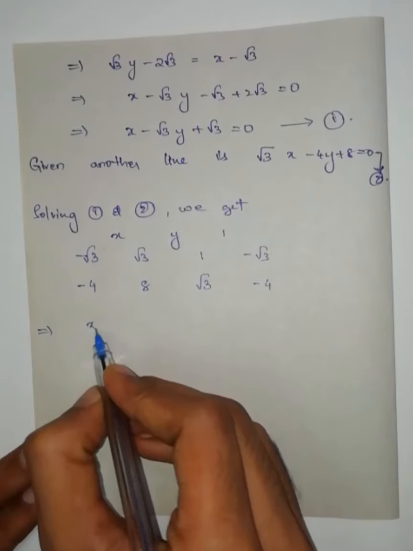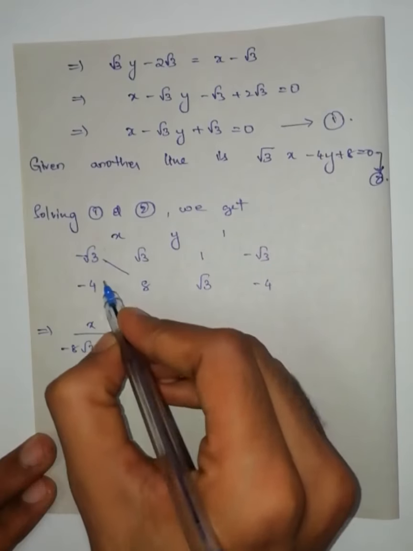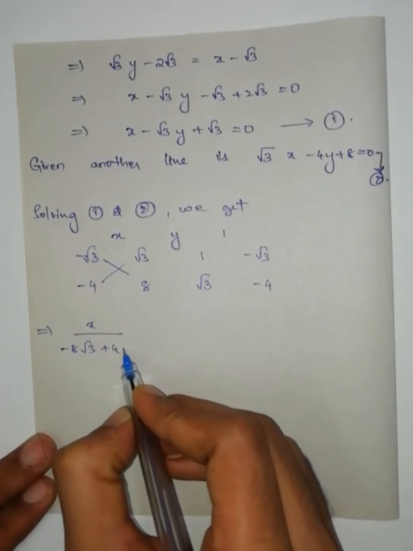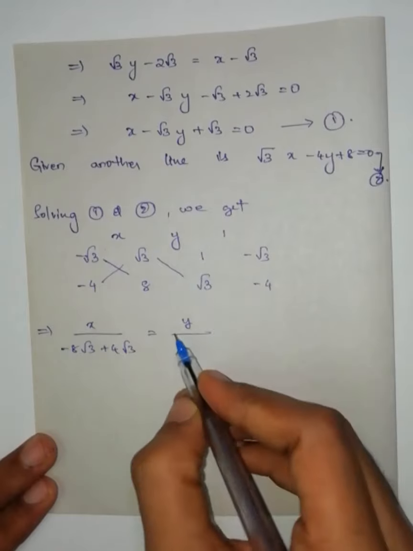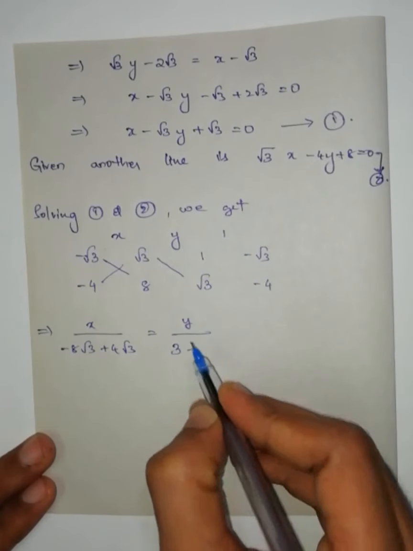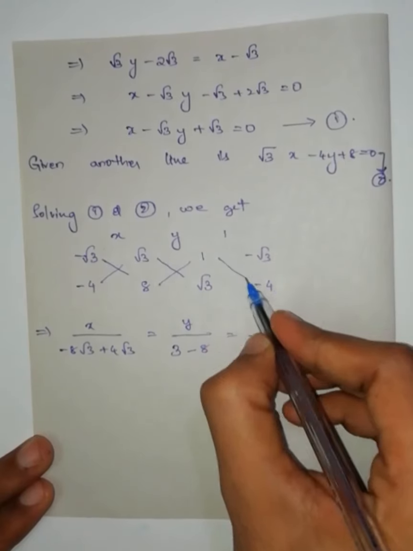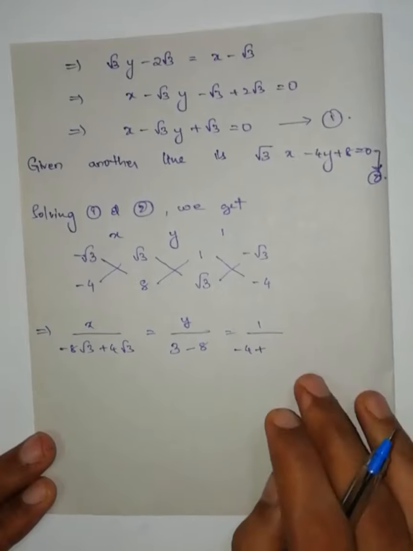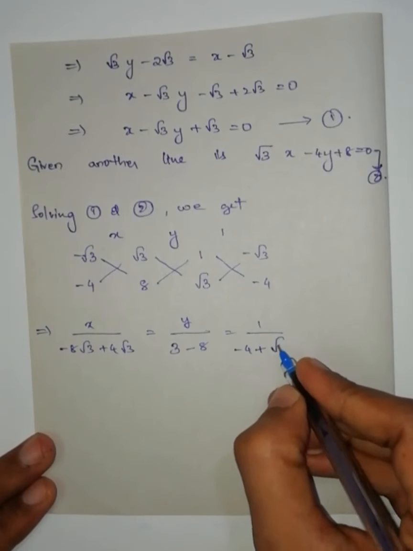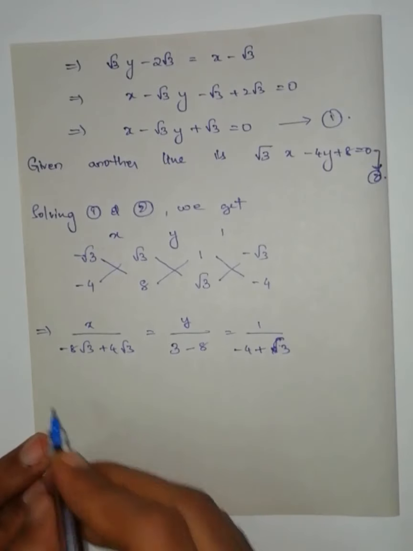This implies x by minus 8 root 3 plus 4 root 3 is equal to y by root 3 into root 3 is 3 minus 8 is equal to 1 by minus 4 plus root 3 into root 3, which is 3.